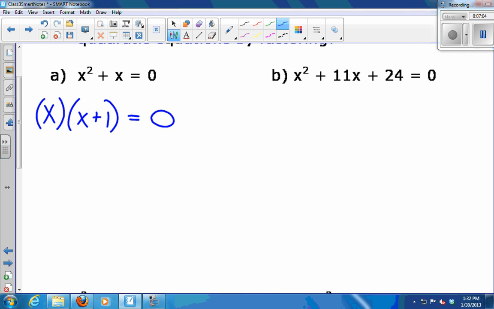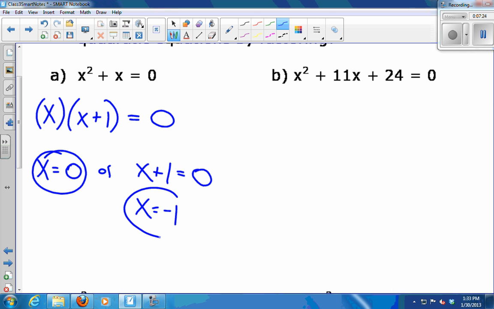Now, if I'm multiplying them together and the answer is 0, either x has to be 0 or x plus 1 has to be 0. That's the only way to get 0 as the answer to a multiplication problem. And then you solve each of these much simpler equations. That one's solved. And this one, you get x equals -1.